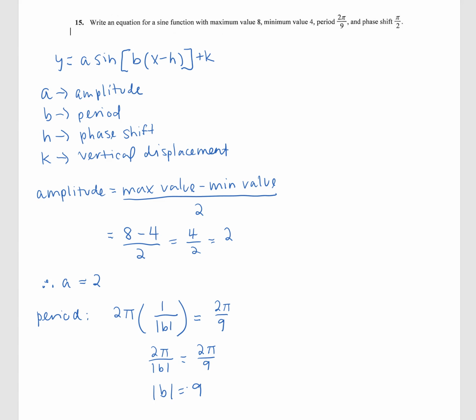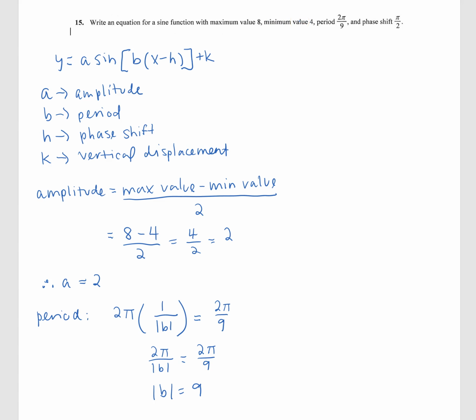So moving on, let's look at the vertical displacement of our function. A normal sine function y = sin x has its center line at 0, but ours has been shifted upwards because our minimum is now at 4.